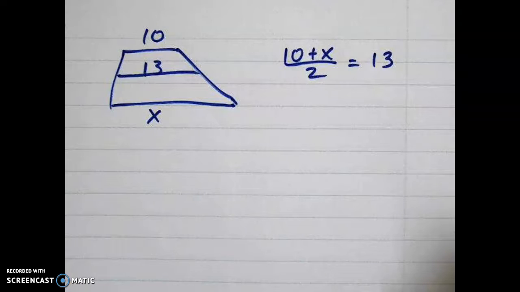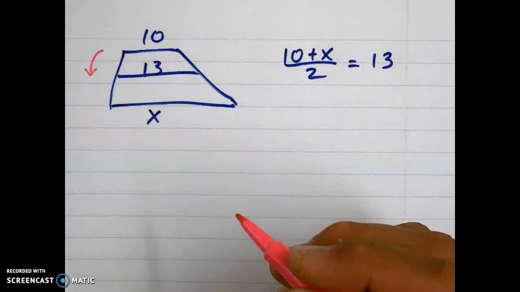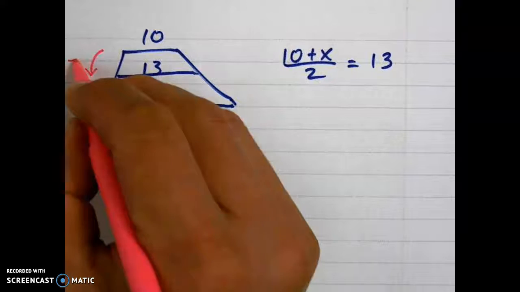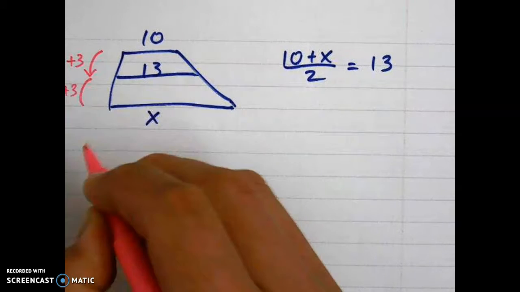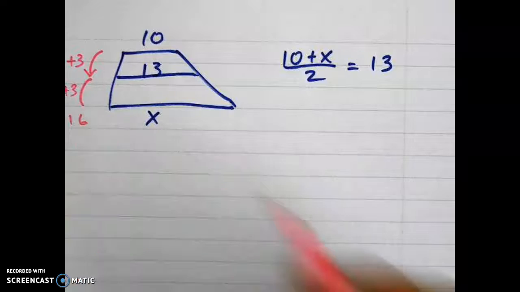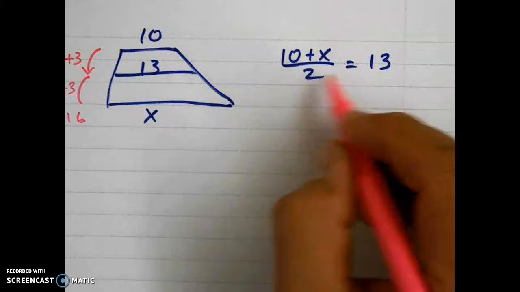But let me make this a lot easier for you. What did I add to get from 10 to 13? I added 3. So I'm going to add 3 again. So x has to be what? 16. Now let me show you this way.